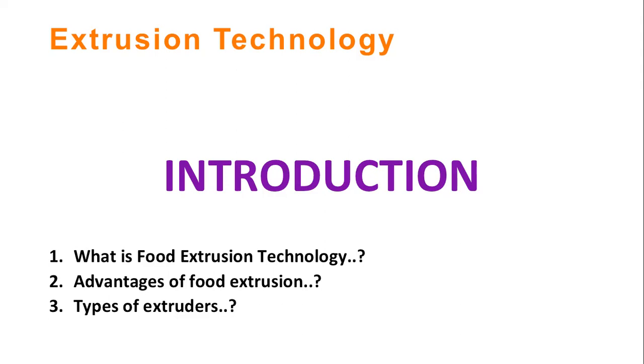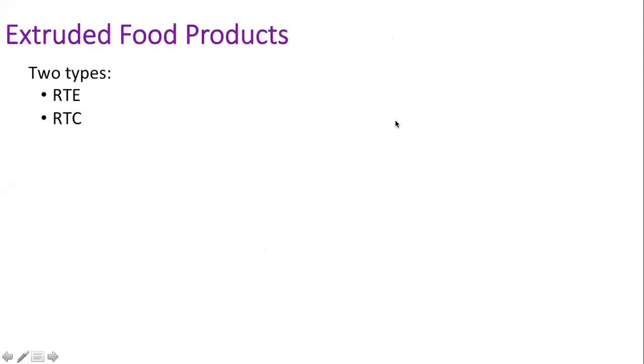So what is extrusion? I think we can discuss the definition later. Before that, I think we all have consumed extruded food products, and we are consuming them. We can classify those extruded food products into two categories: ready to eat extruded food products and ready to cook extruded food products.